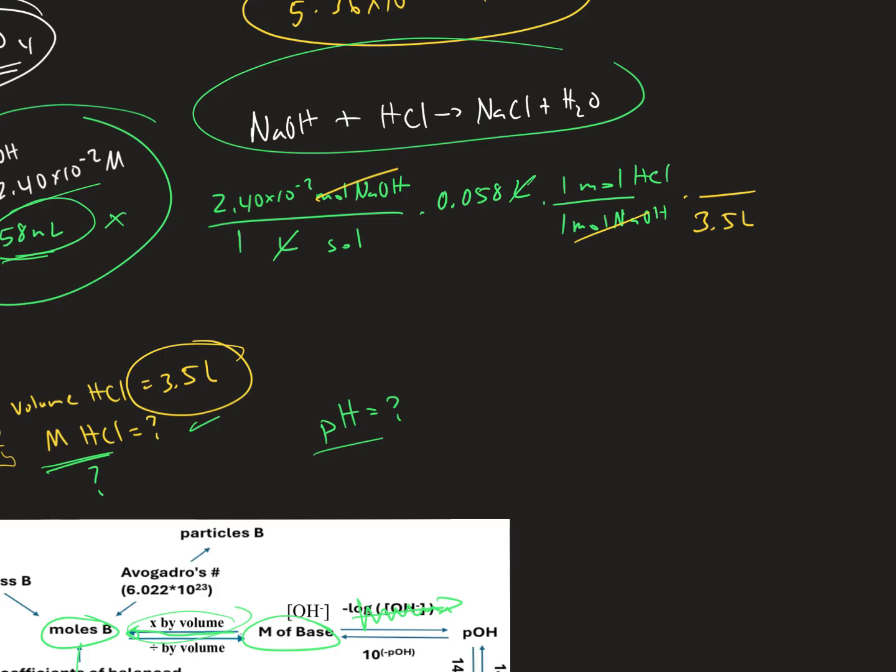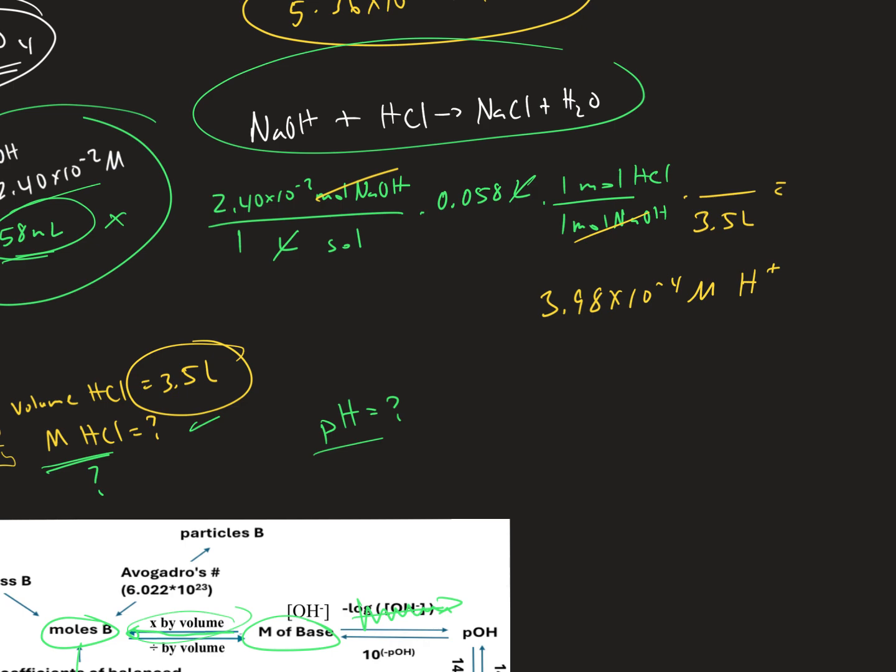Well, we're looking for the pH, so what do we do? Convert it to H plus. Oh, what's the mole-to-mole ratio of H plus to HCl? It's a 1-to-1 ratio. So really we're done, right? So our H plus and our HCl is going to have a concentration of 3.98 times 10 to the negative 4 molar concentration of H plus.